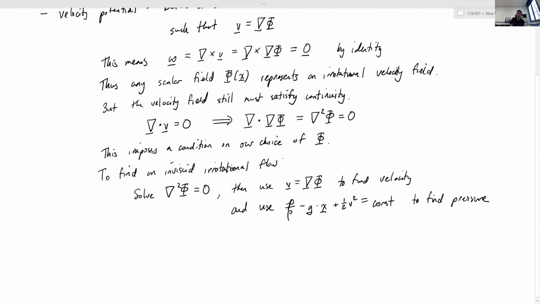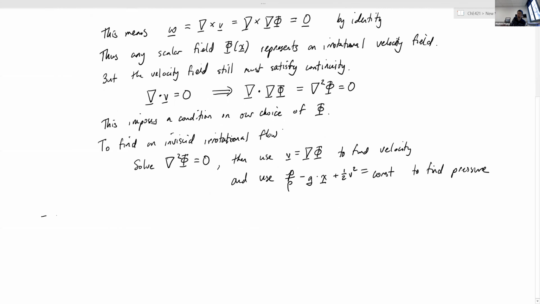Let's do an example. So you'll use this example a little bit in homework 7. So I'm not sure how far we'll get into it today, but let's go ahead and get going. So this is called inviscid flow past a cylinder. Okay.